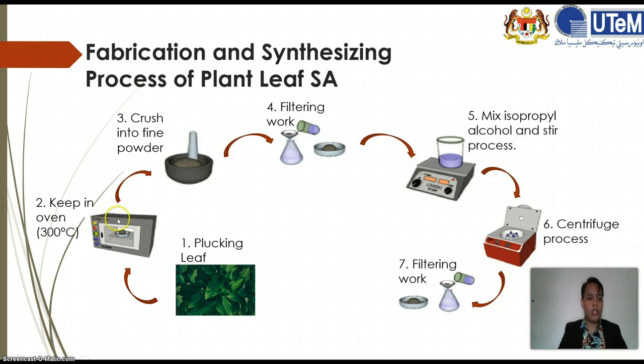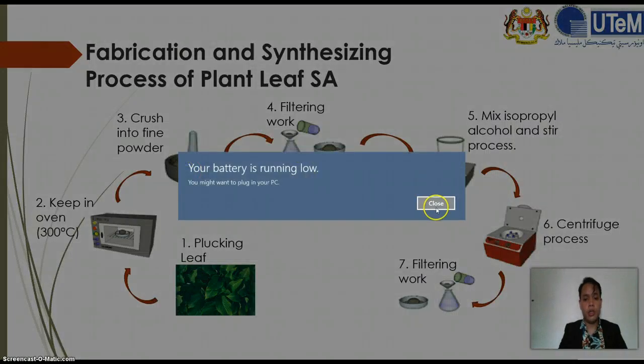After that, I put the leaf into the oven at 300 degrees Celsius for 3 days. The third step is to crush it into fine powder. As you can see, this is a conventional way to crush the base material.